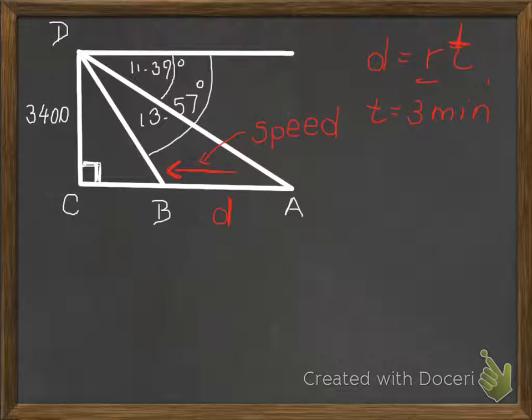To find length AC, we first need angle ADC. ADC means that D is the vertex of the angle, but it's the angle subtended by A and C. Okay, so angle ADC we need to find.